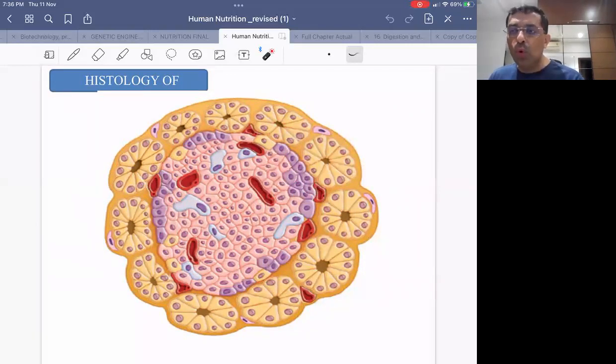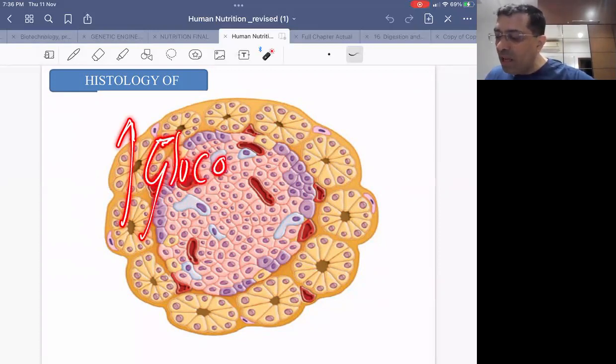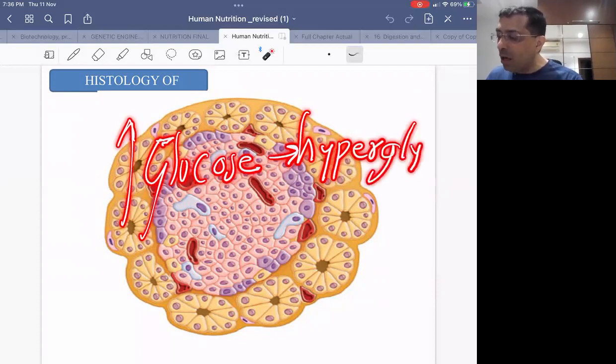We'll come to that very soon. And starch gets converted into glucose, which then gets absorbed from the intestine and goes into blood, and your blood glucose levels will increase. And as soon as the blood glucose level increases, that is called hyperglycemia.